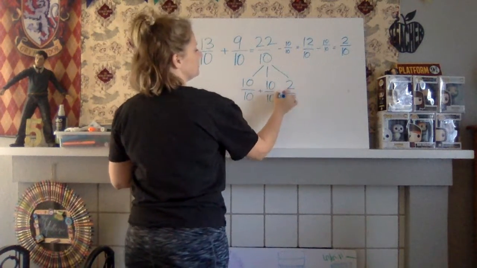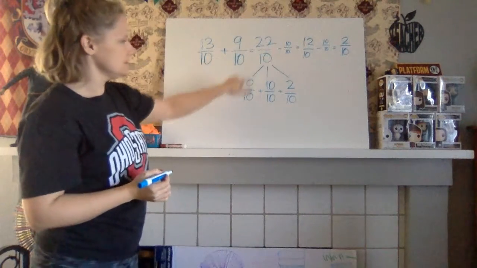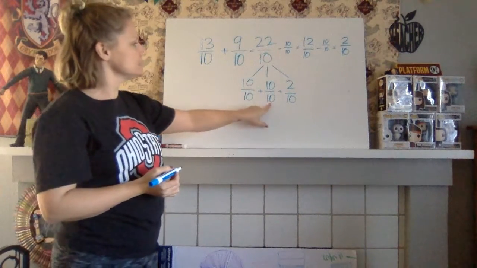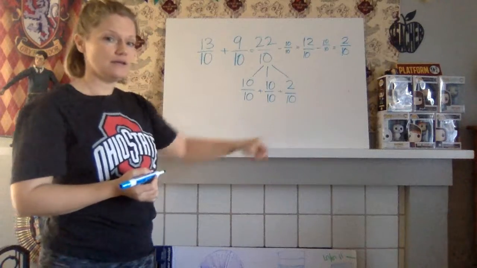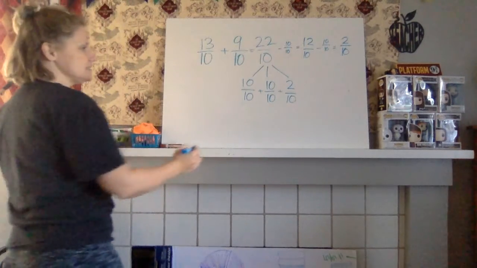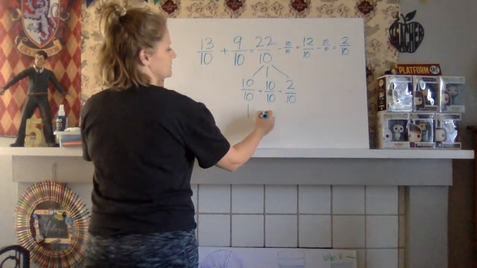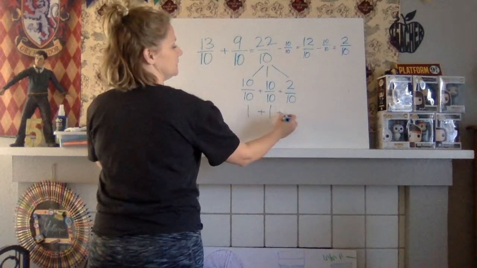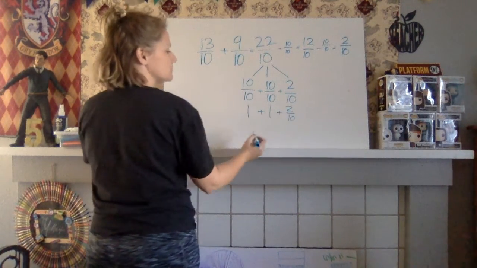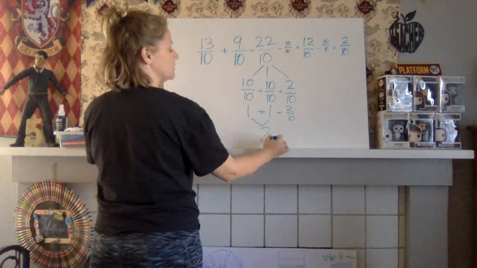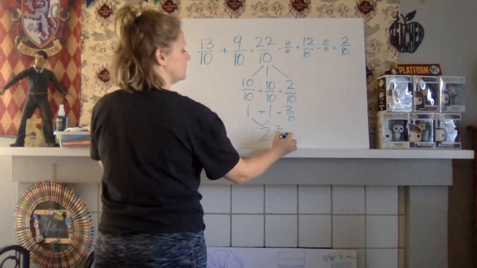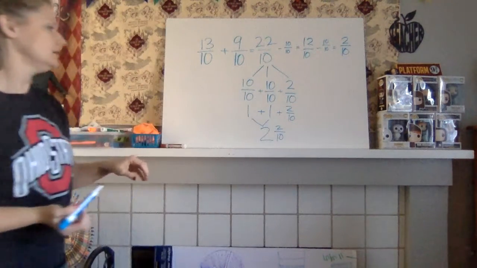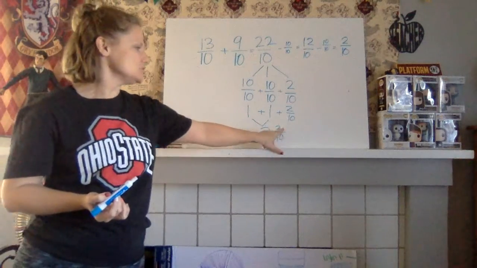To decompose 22 tenths, we have 10 tenths plus 10 tenths plus 2 tenths. We know from earlier, 10 tenths is equal to 1 whole, 10 tenths is equal to 1 whole, and we have 2 tenths left over. So you add together those whole numbers, and your answer as a mixed number is 2 and 2 tenths.